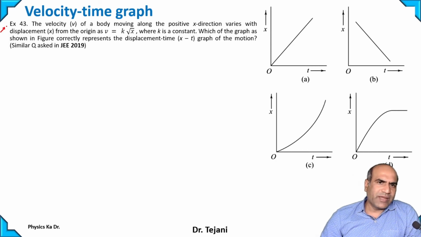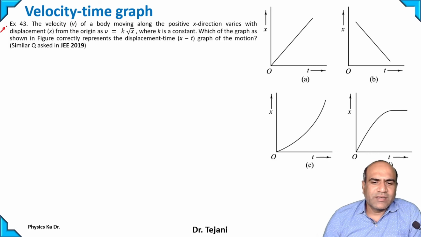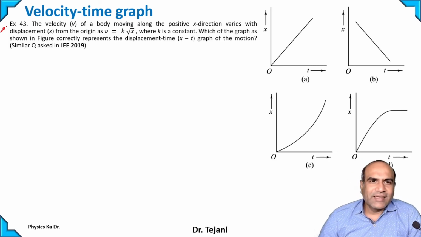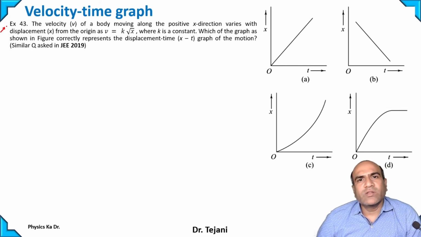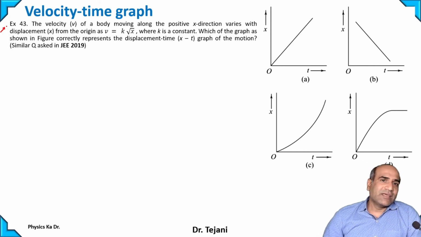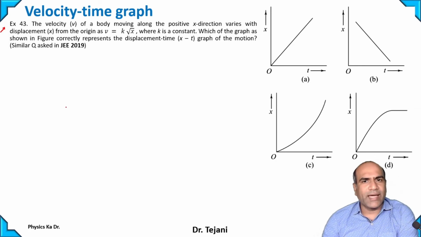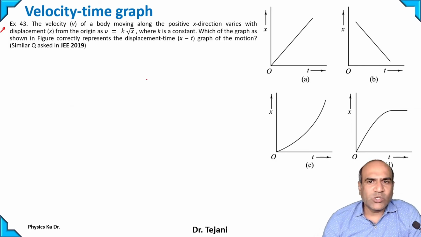We have one more example, example number 43, and a similar question was asked in JEE 2019, and we already solved this kind of question while solving motion under 1D. So what is asked? The velocity v of a body moving along the positive x direction varies with displacement x from the origin. So the equation is given, v is equal to k root x, where k is constant.